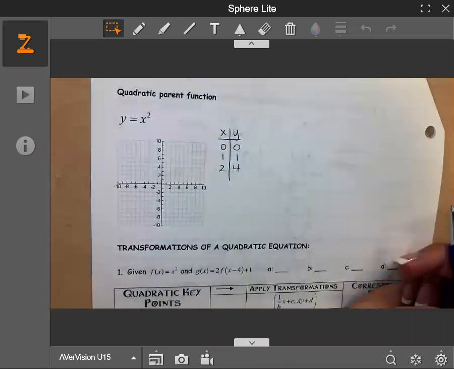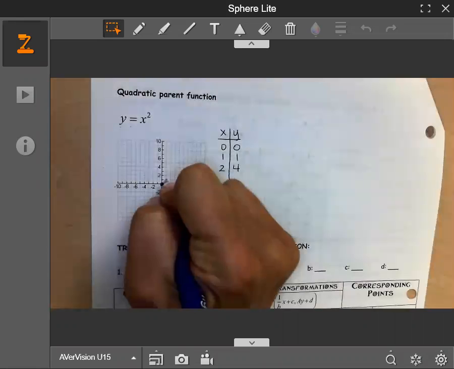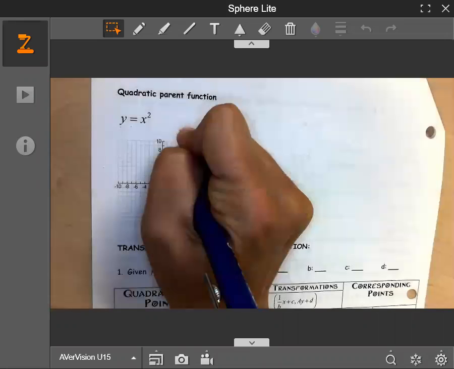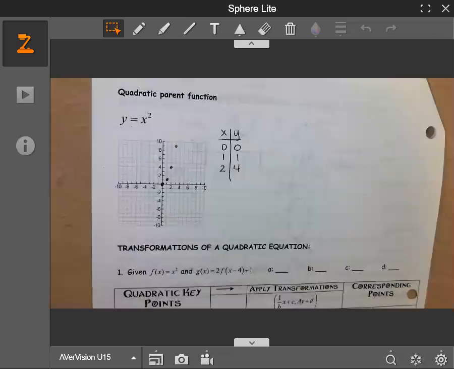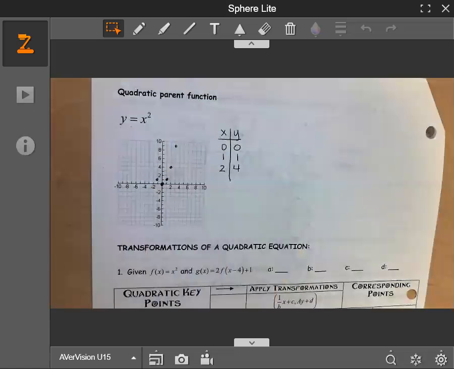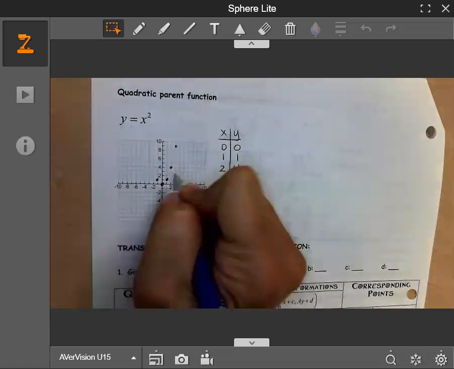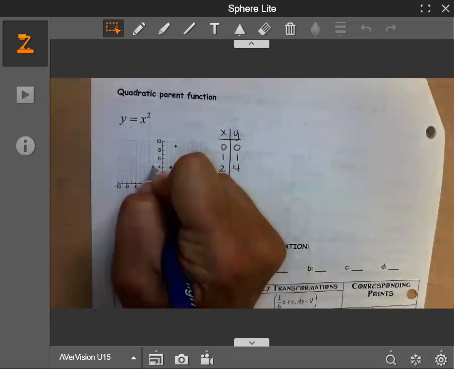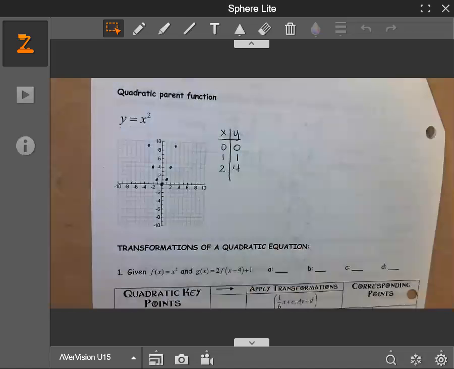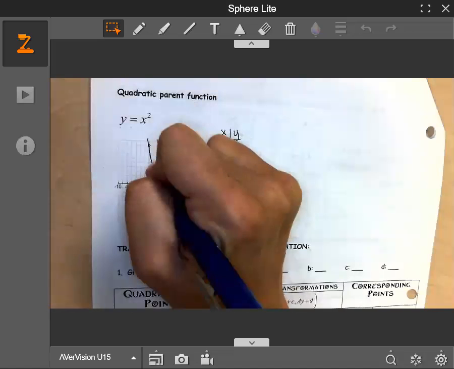So that's going to give me (0, 0), (1, 1), (2, 4), and you can even go further, (3, 9), if you wanted to go further on that graph. We said it is symmetrical, so whatever's happening to the right is also going to happen to the left. So we would get (negative 1, 1), (negative 2, 4), and (negative 3, 9). And so we connect our points here and we get this parabola, U-shaped graph.